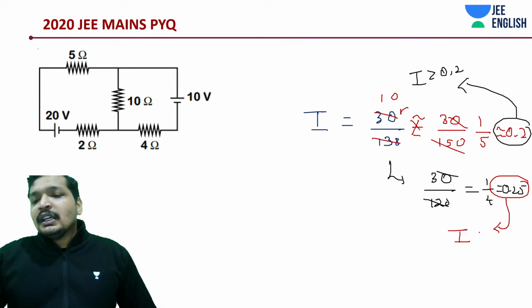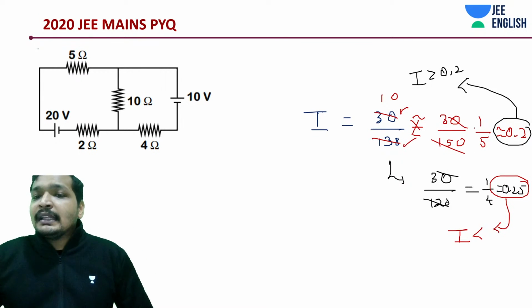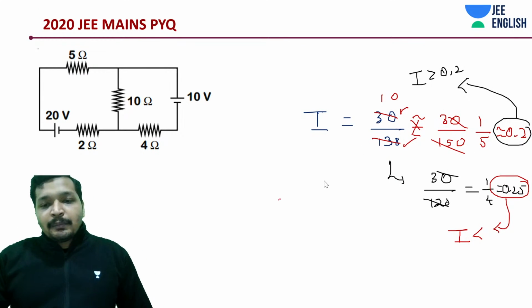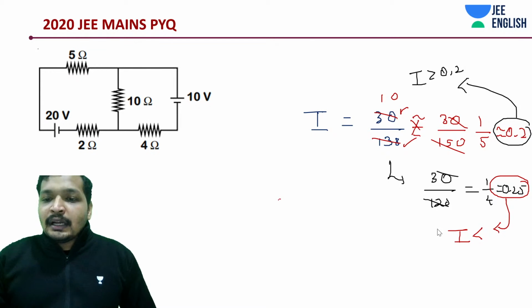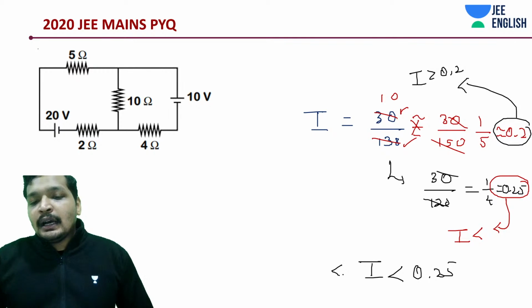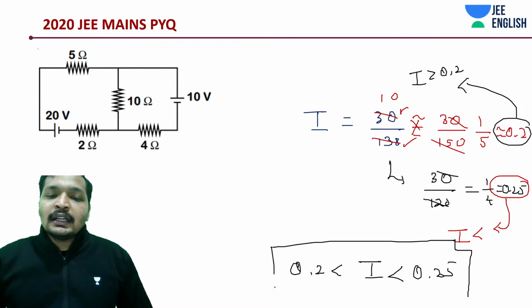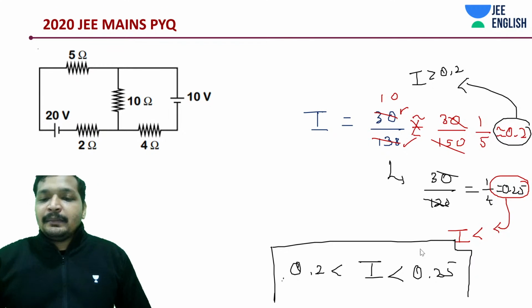You increased the denominator, hence I is greater than 0.2, and here you have decreased the denominator, hence your I should lie between 0.2 and 0.25. There you go. This is how we used to do it even earlier. I told you this is the shortcut. These are shortcuts for your exam.